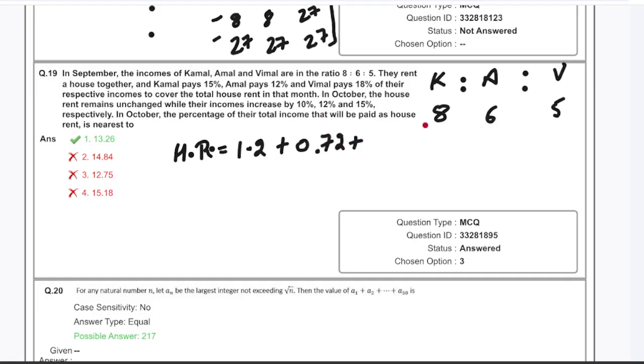Plus, Vimal pays 18%, 18 into 5, 90, that is 0.9 rupees. The total house rent, we can see, will be 1.2 plus 0.72 plus 0.9, that is 2.82. Now this remains the same, they said.